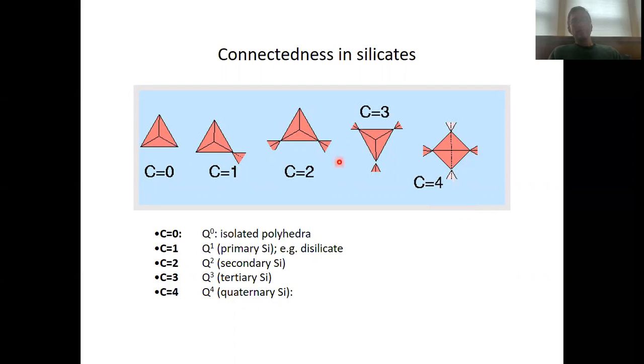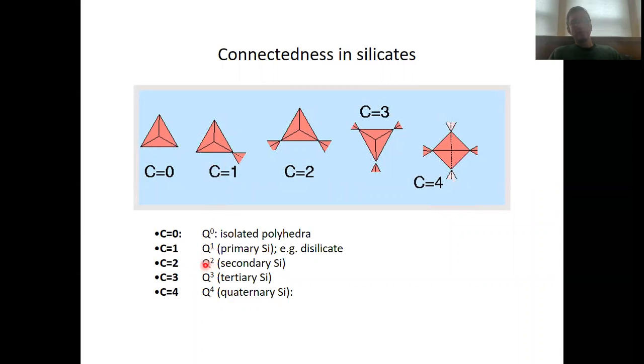So we can also call these silicons, which are in the center of these tetrahedra, Q sites. When C is equal to 0, we have a Q0 site and an isolated tetrahedron. When we have a Q1 site, that's also called a primary Si, and the connectedness is 1.